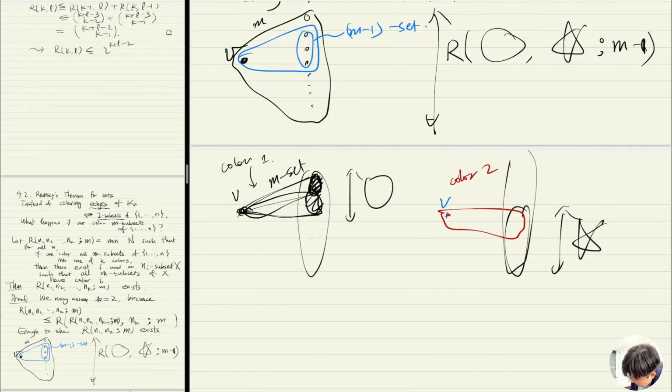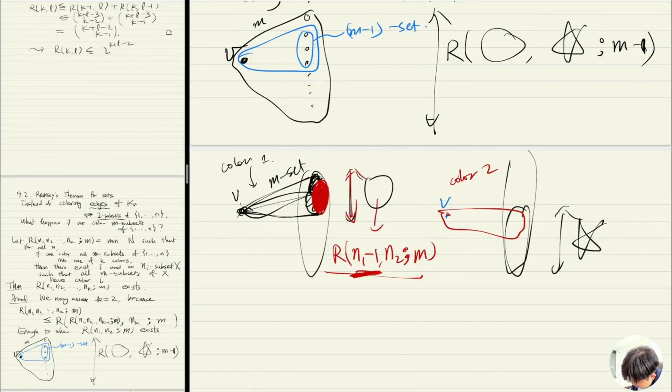And if the first one happens, then I only need to make sure that all the m-sets inside here have color red. And that's when I need R(n1 minus 1, n2; m). What I mean is, if I have neighbors of size this big, then either I have a color 1 subset of size n1 minus 1 here, which means that all m-subsets of this set are red.